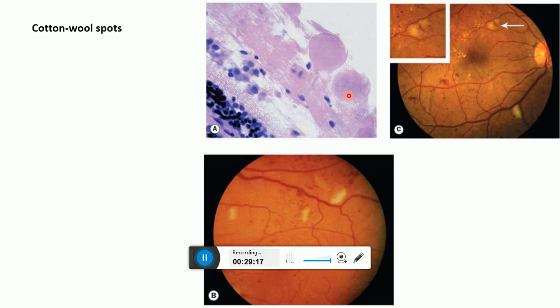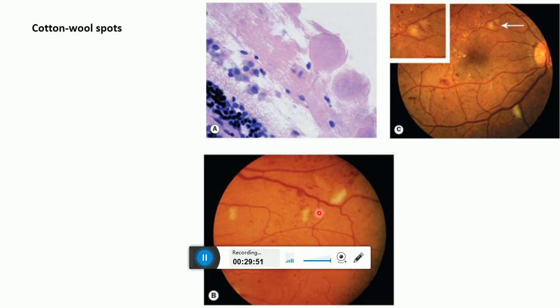Signs: there are small fluffy whitish superficial lesions that obscure underlying blood vessels. They are clinically evident only in the post-equatorial retina, where the nerve fiber layer is of sufficient thickness to render them visible.